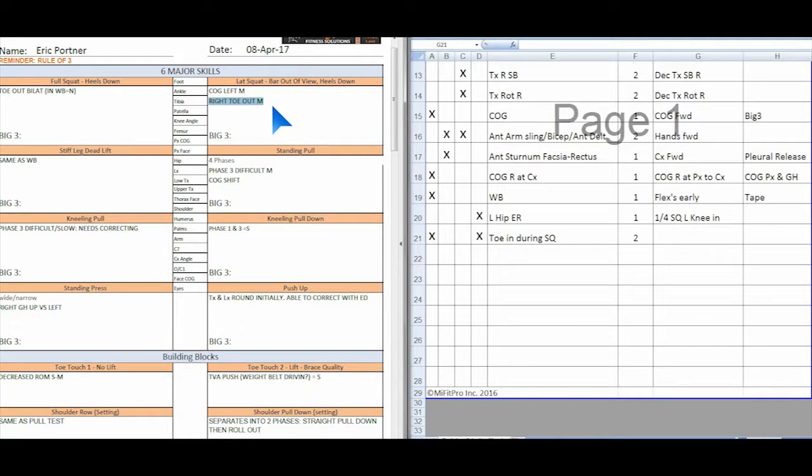So that's telling me that it's actually the posterior sling. If you think about this, when his left arm is up and reaching forward, then his left lat is tight.